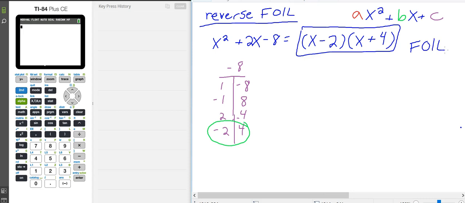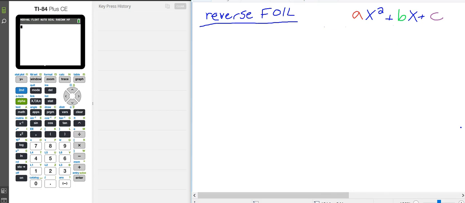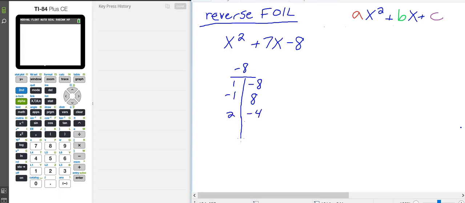Let's do another example. Let's say we wanted to factor x squared plus 7x minus 8. To do that, we would need to find factors of -8 that add up to +7. Factors of -8 are +1 and -8, -1 and +8, 2 and -4, and -2 and +4.